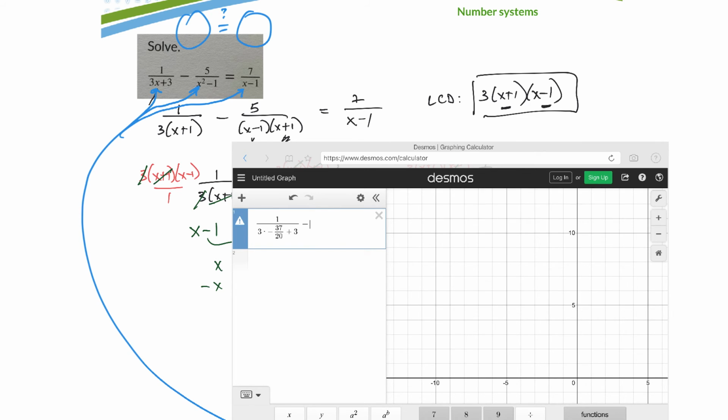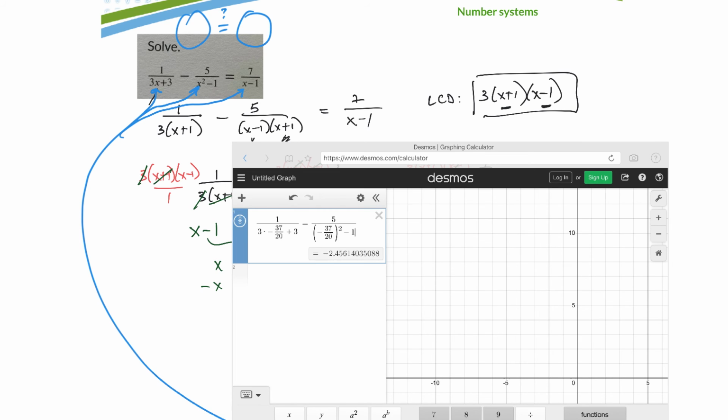Minus 5 divided by x squared, so bracket negative 37 divide 20, squared. And then minus 1, minus 1.